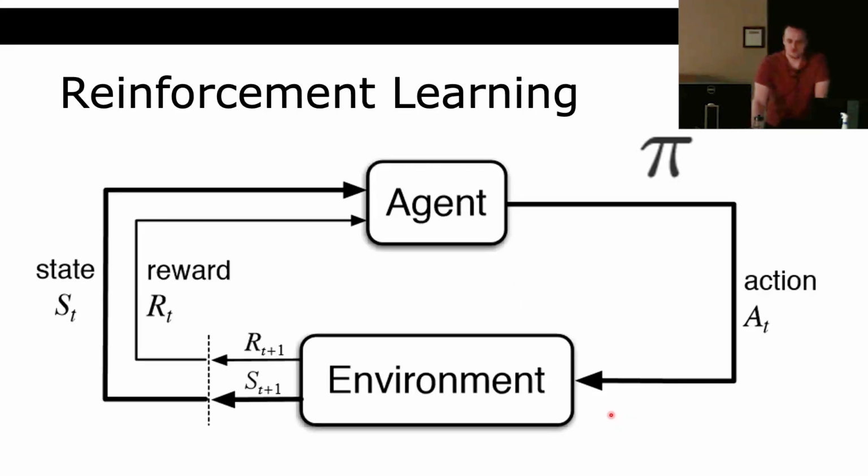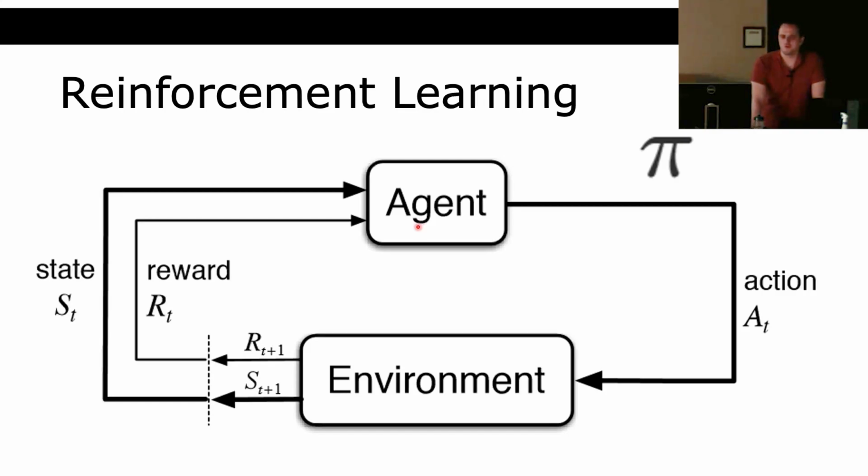So this is the loop that we showed in the beginning. We have an agent, but I've added this pi here now, because it doesn't make sense to talk about values if we don't have a policy. So the agent has some policy. It's going to take an action based on that policy, which is going to transition the environment into a new state, and the environment is going to give us a reward. We look at the state and the reward we got from transitioning by that action to this state.